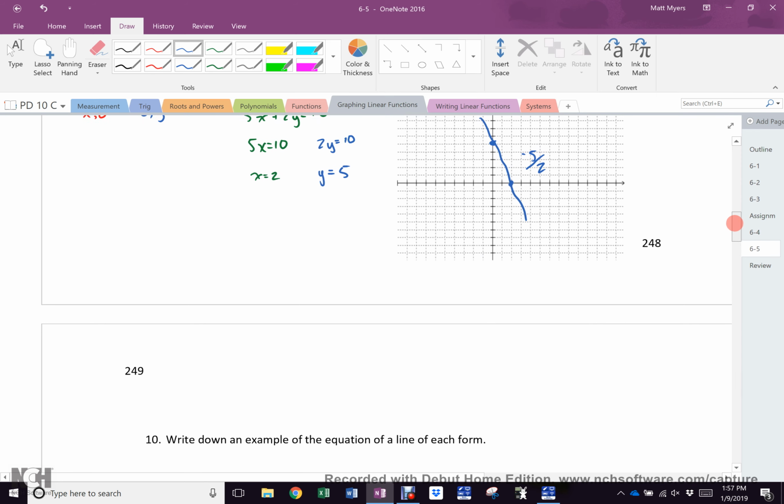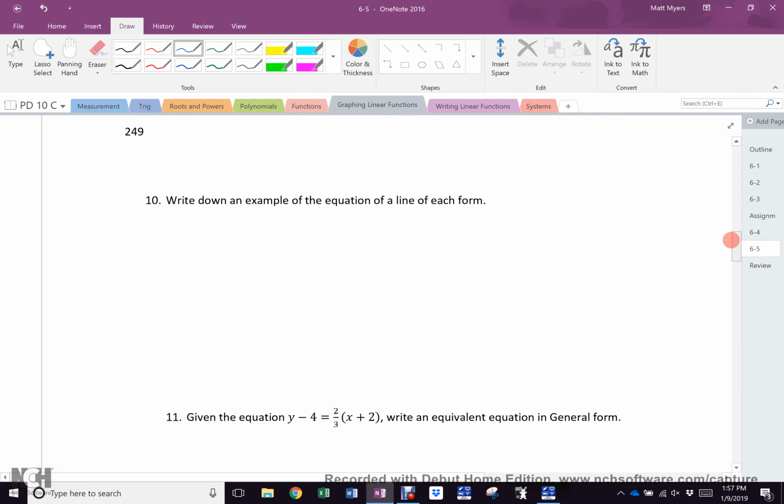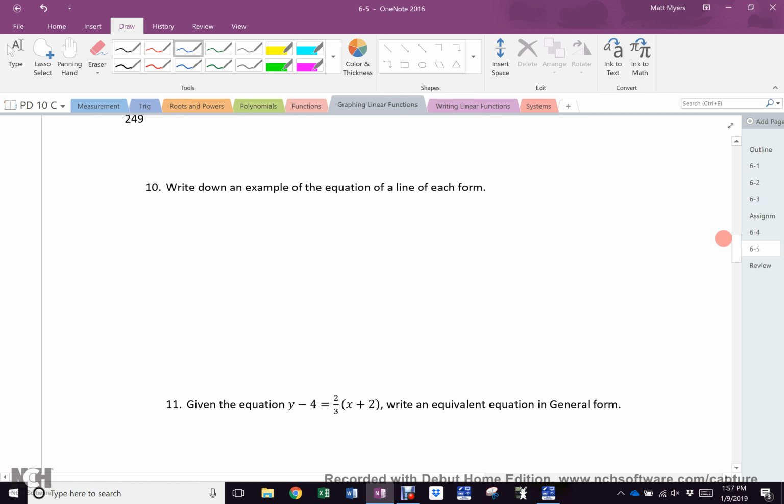Yeah? All right. Now, write down an example of a line in each form. There's no way to do this wrong. Somebody say to me the form you wish to discuss and tell me how I could write it out. The second one. Because you wrote the orange number.